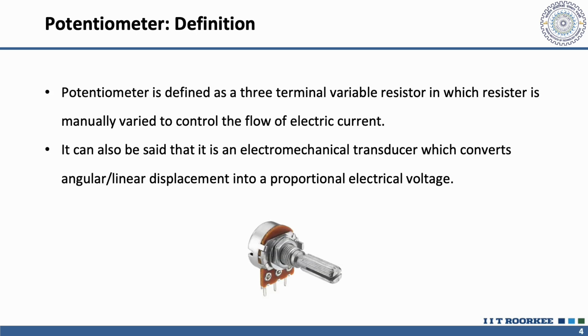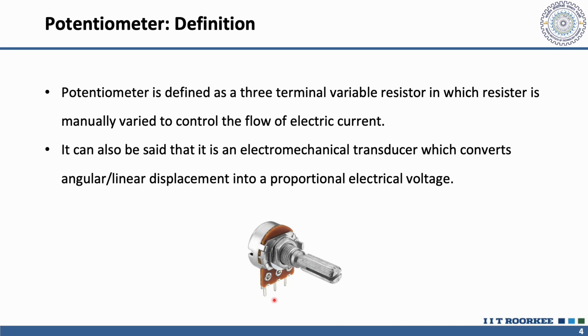What is a potentiometer? The potentiometer is defined as a 3-terminal variable resistor in which the resistor is manually varied to control the flow of electric current. Let's try to understand this definition with the help of this image of a potentiometer. As you can see here, there are 3 terminals, and there is some resistance involved between these terminals, which you will understand in the construction part.